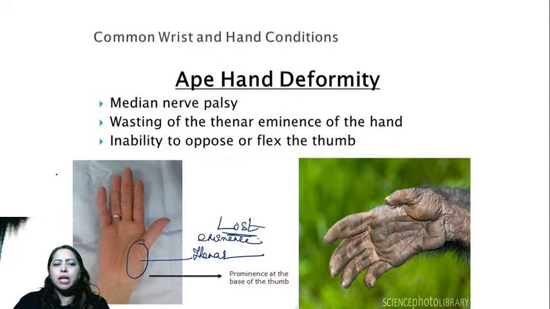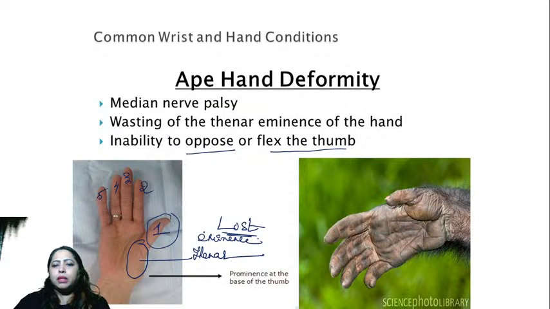So the person will not be able to do opposition, that is counting, 1, 2. In our anatomy, when we mention, we call this 1, this 2, this is 3, this is 4, this is 5. This is the first digit. So here you can see there is opposition, you can count, and inability to oppose or flex the thumb.